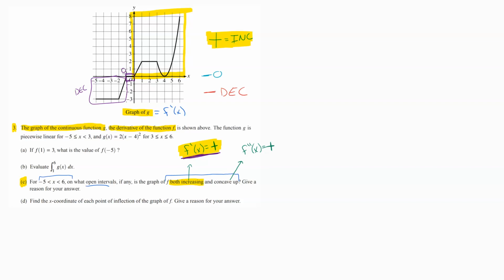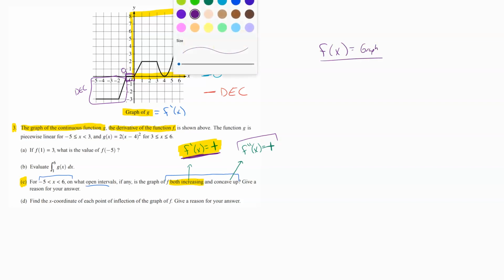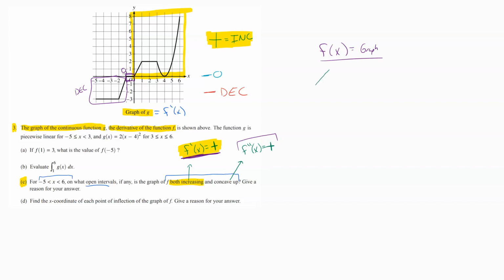From that chunk, we want to know which pieces also have a second derivative that is positive. That means we need to read the derivative off of our first derivative graph. If you go back and think about when you first learned this, when the original graph was your f of x graph, you read off that first derivative data by wherever the graph was headed up and going positive, that's where it was increasing.